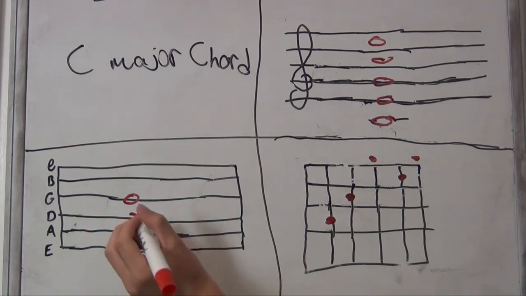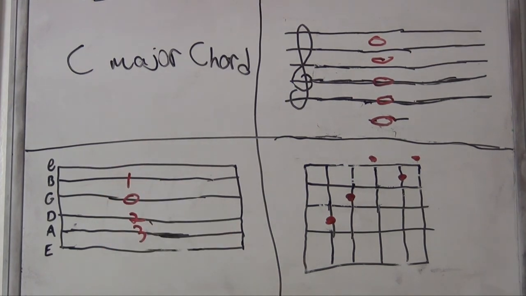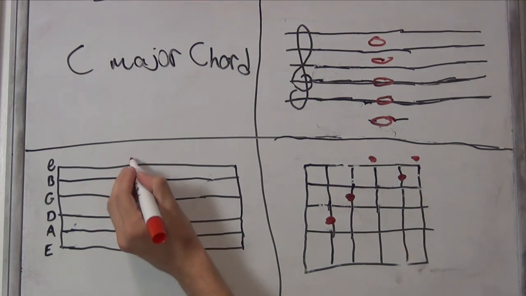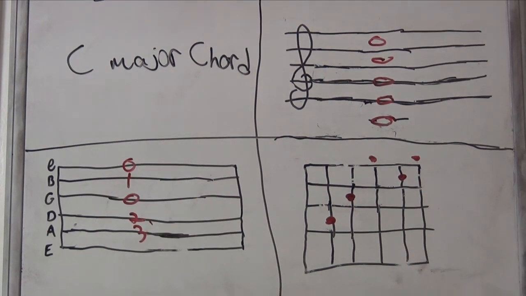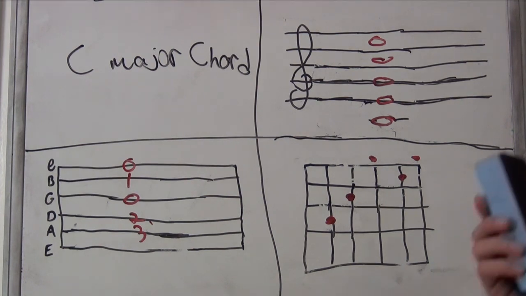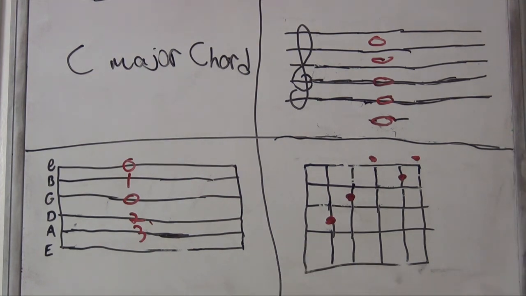Our C is 1st fret, B string, and finally, our E is open. So this is a C major chord in tab. This is a quick example of sheet music, tab, and the fretboard.